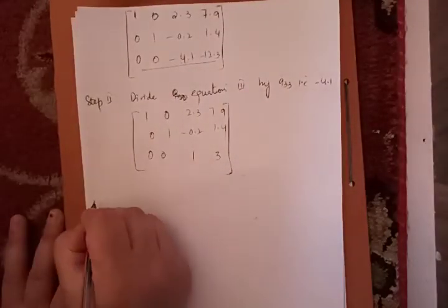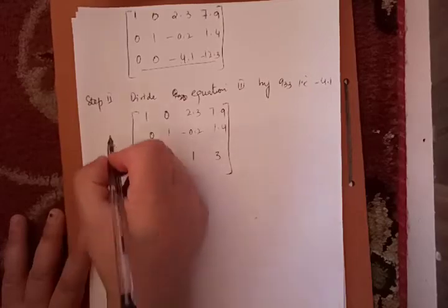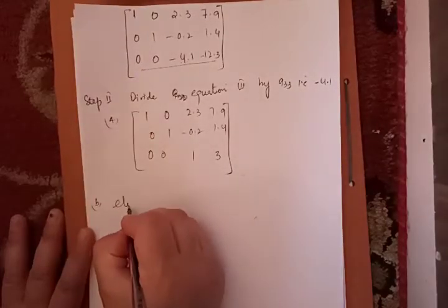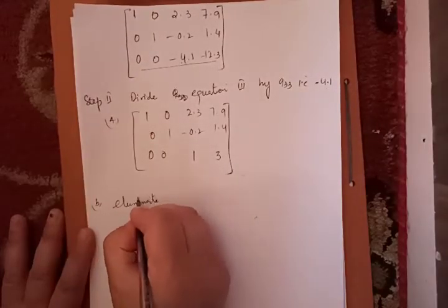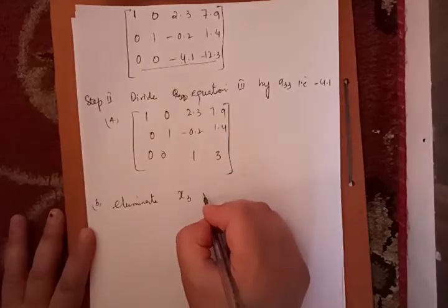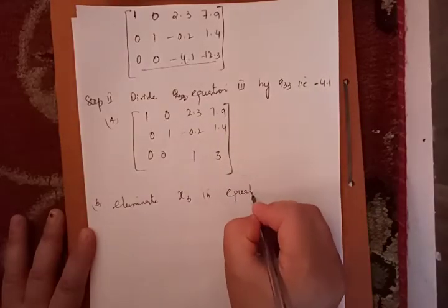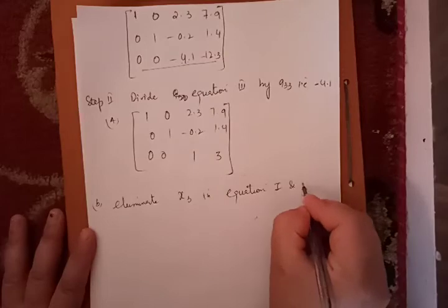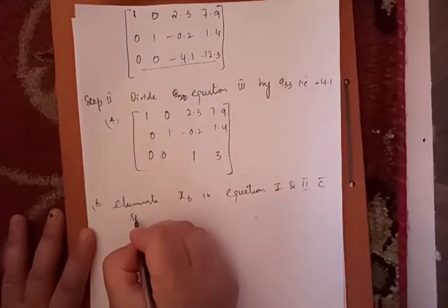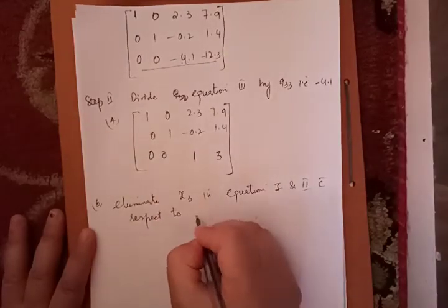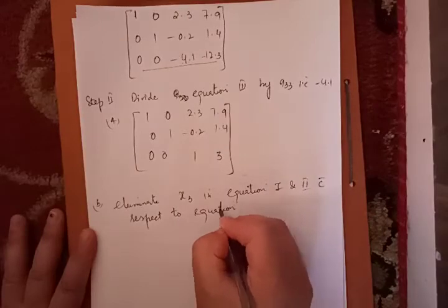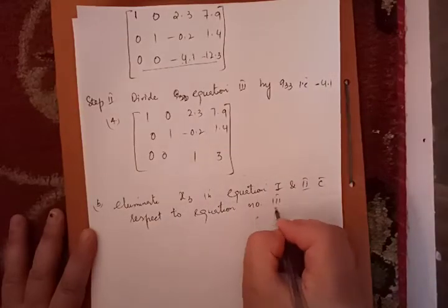After that, what we have to do is the next step. Eliminate x3 in equation number first and second with respect to equation number third.